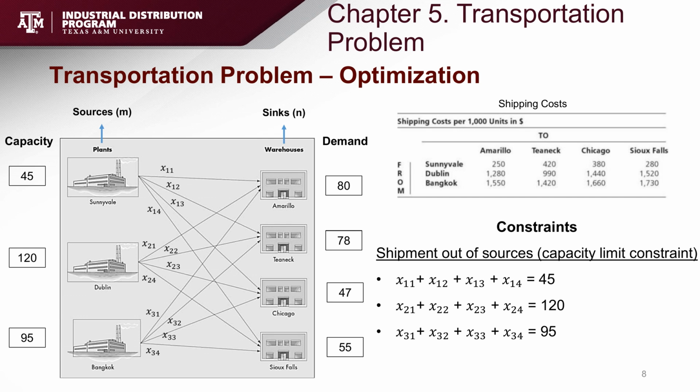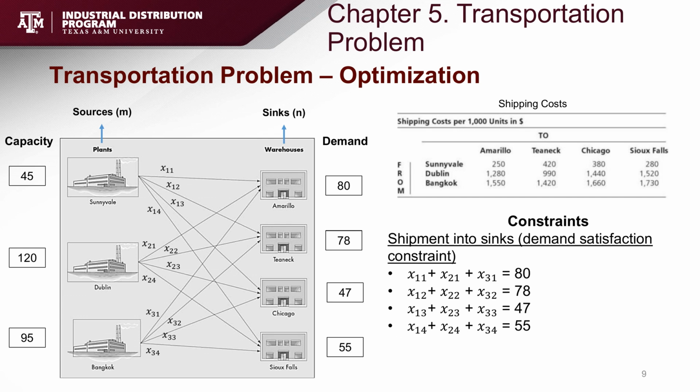Now notice these are equal signs, not less than or equal. In an unbalanced problem where we had more capacity than the demand, we'd write less than or equal, ship at most what you've got. But this problem is balanced and every single unit of capacity has to land somewhere, which forces a strict equality.